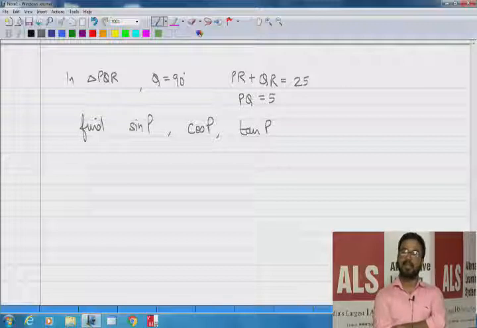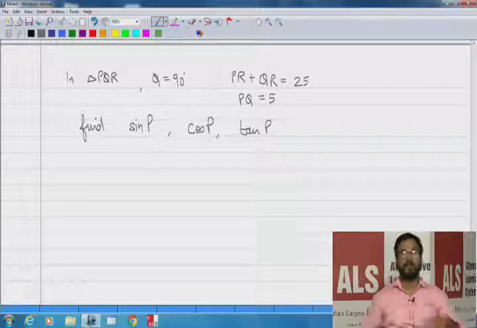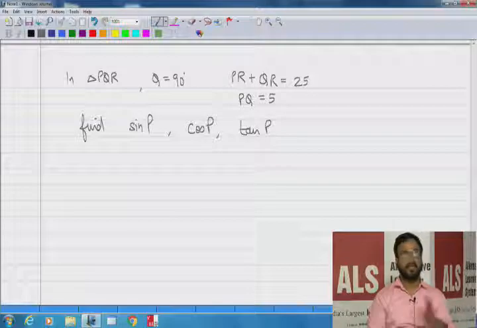The sum of PR and QR is given and PQ is given. The value of QR you have to find, Shillong. Sisipur, the answer is not right. QR and PR, the sum is 25. The individual value you have to find by using the Pythagoras theorem. That is what the question is all about.